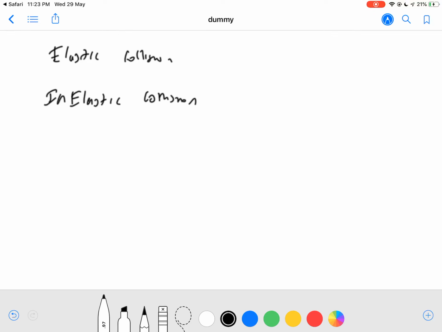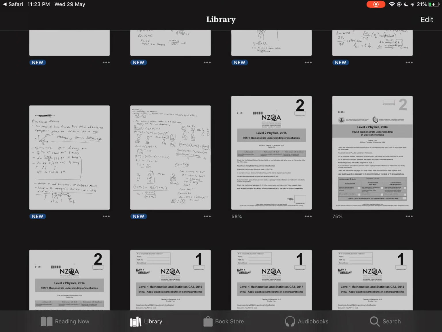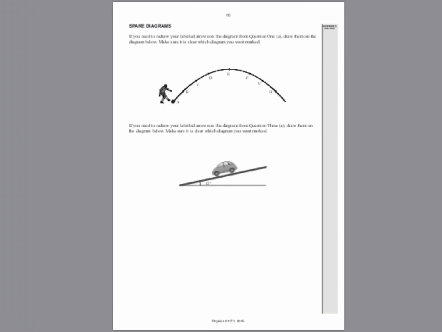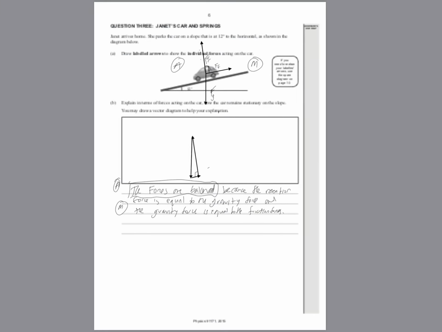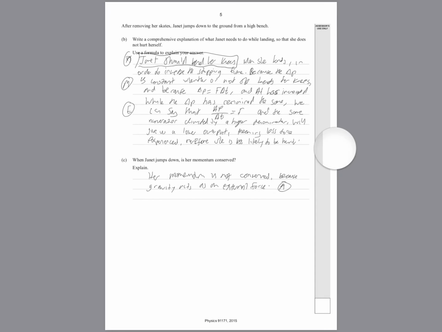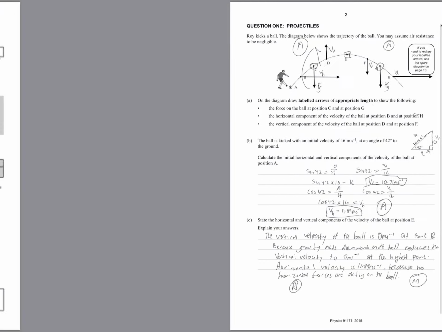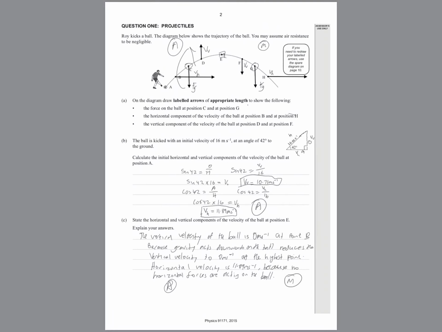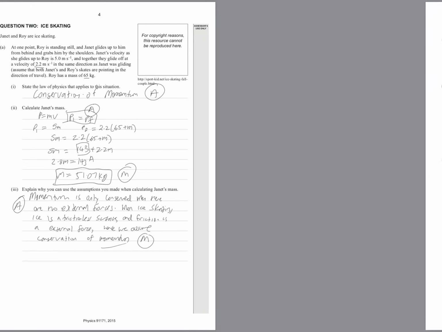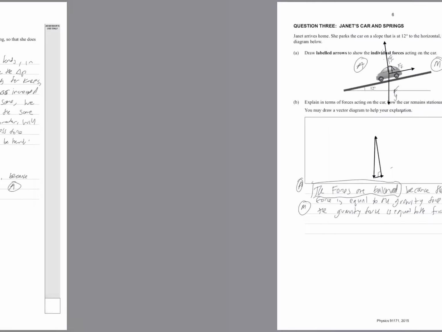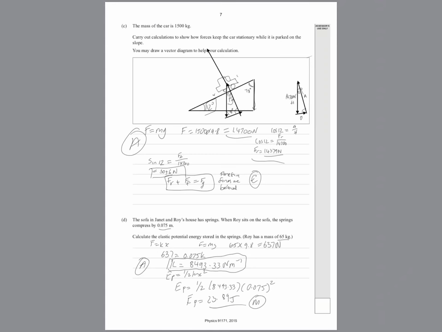I'm just going to check. There should be a lot of different questions. I feel like I'm missing something really obvious. Wait, what? There's actually no spring constant questions. Are you kidding me? Wait, there is.